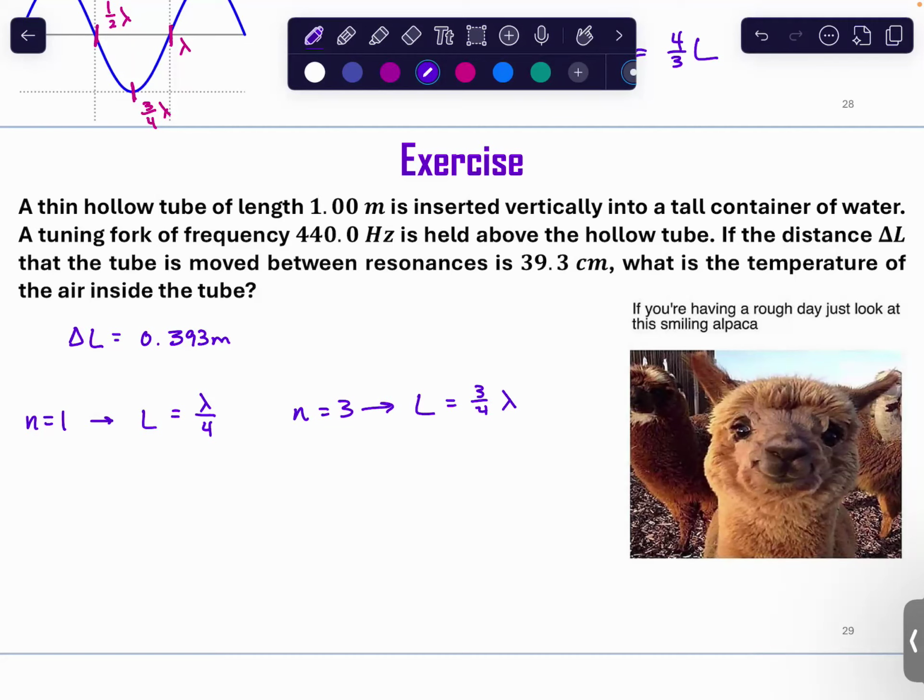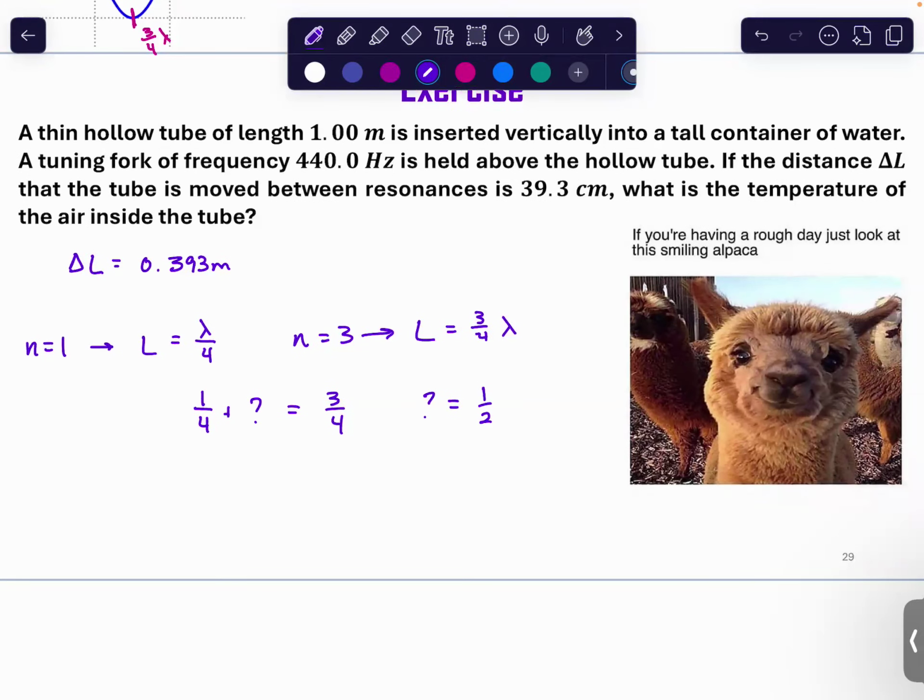So what is the distance between these two? These are two overtones that you're going to hear. So the lambda, you have the 1/4 plus what gives you 3/4? 2/4, yeah, 1/2. The distance between each overtone, or the distance between each resonance, is going to be 1/2 lambda.